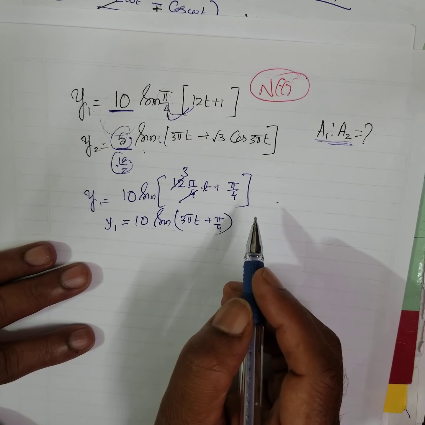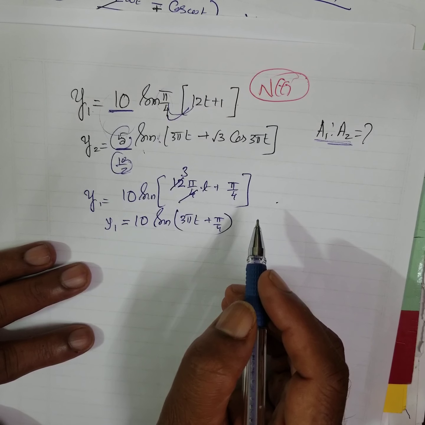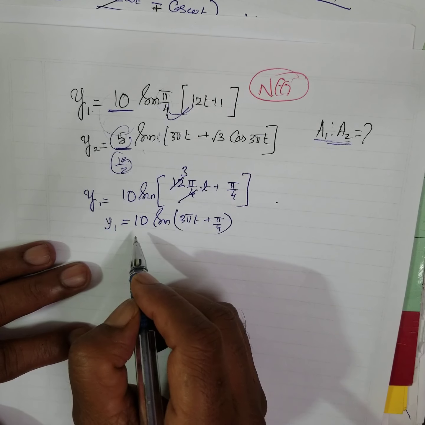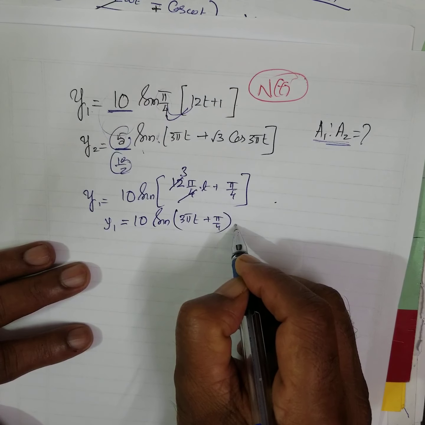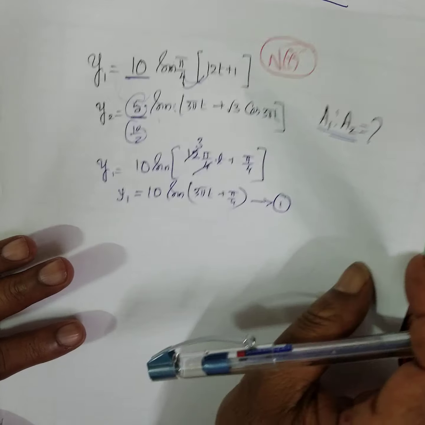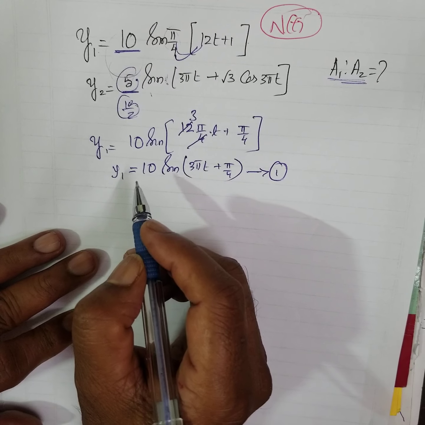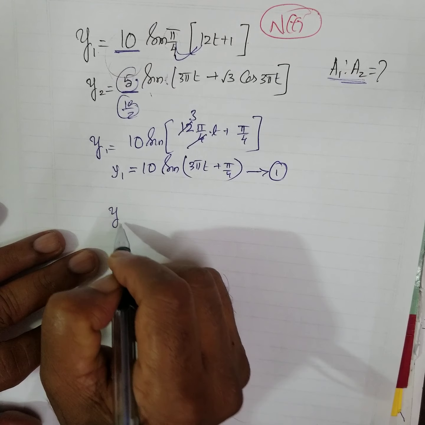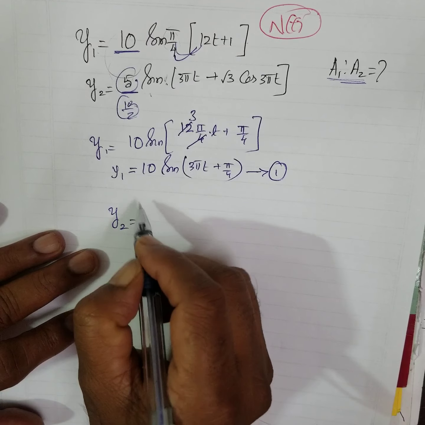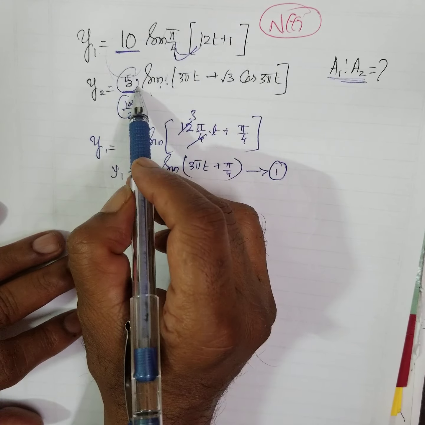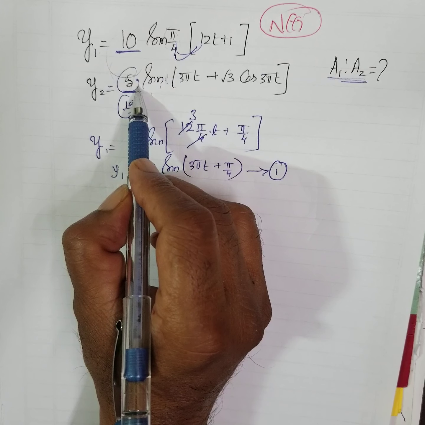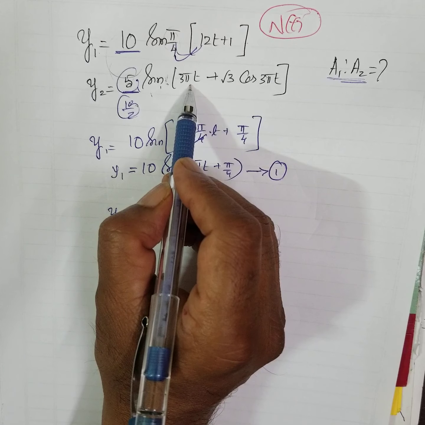This is the first equation. Next, y2 is equal to 5 sine 5 pi by 2.